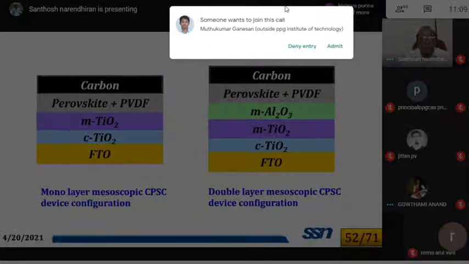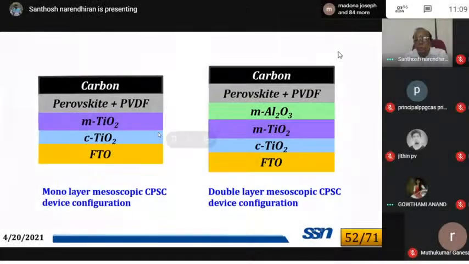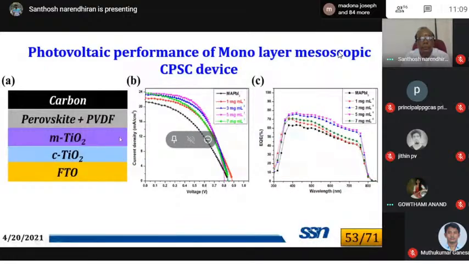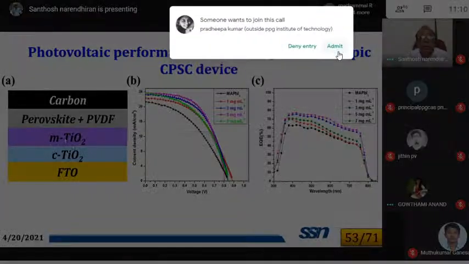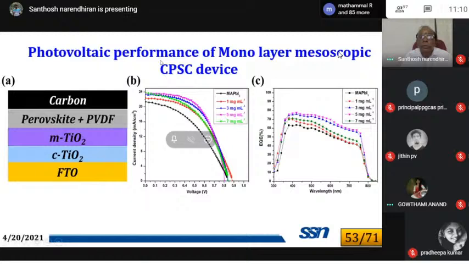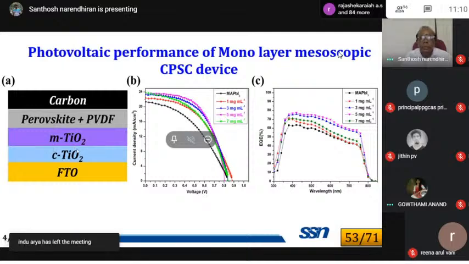You do this with monolayer as well as double layer carbon-based solar cells. Monolayer mesoscopic carbon-based perovskite solar cell device, what you are seeing here.